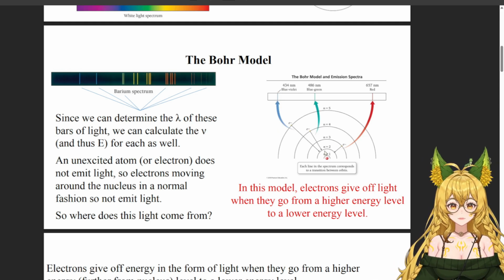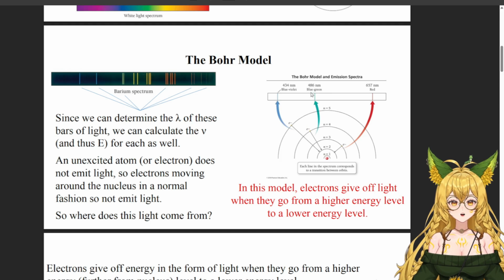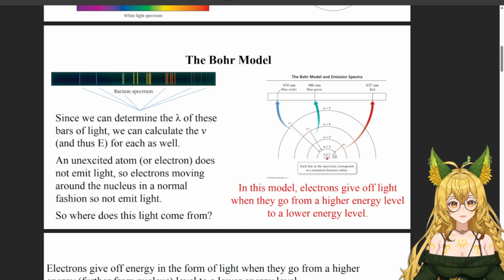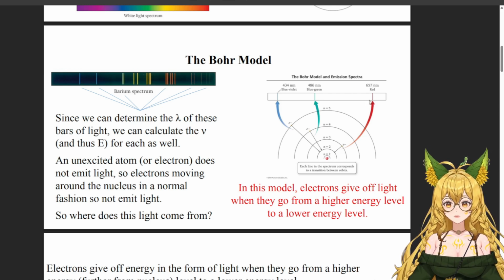Same here, going from 2 to 4, it'll give us 486 nanometers, which is blue-green or turquoise. And then just going from 2 to 3, we'll go all the way over here to 657 nanometers, or red.